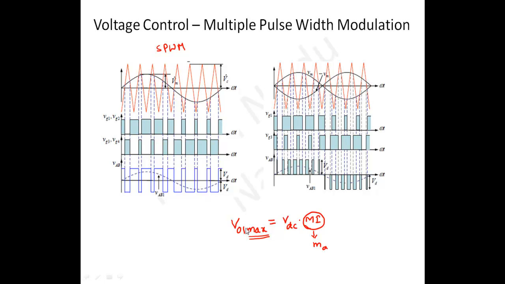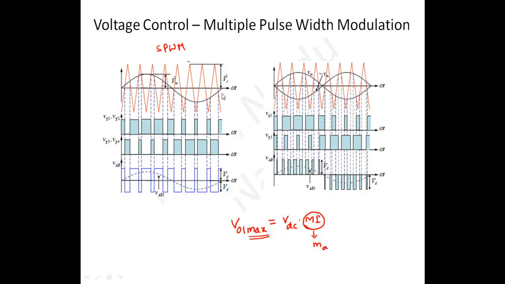That means the amplitude of the fundamental voltage is source voltage VDC into modulation index. Modulation index, as I told you, is the reference voltage magnitude divided by the carrier voltage magnitude. Amplitude, that's what you need to remember.